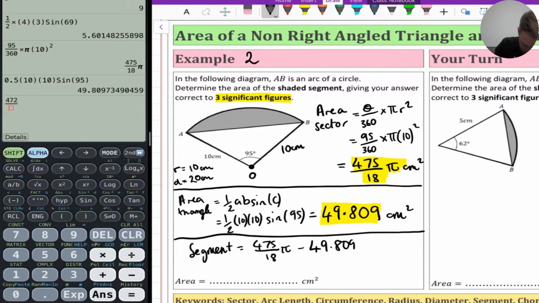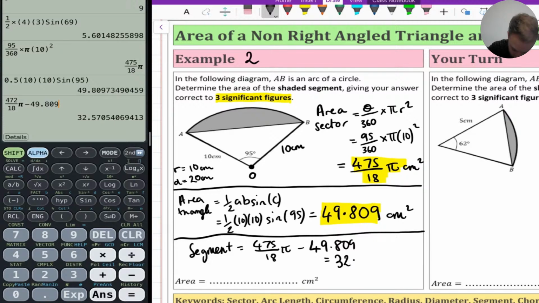Let's write it as a decimal. We said we want it to, let's write it out completely and then we'll round at the end.